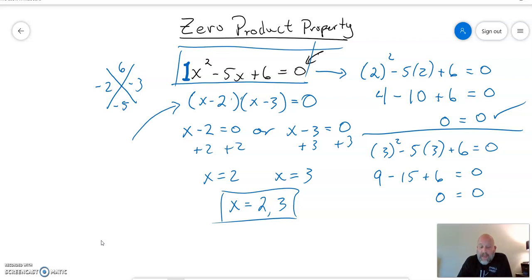Okay, and so that's the basics, right? So anytime we want to solve one of these equations, we make sure we have a 0 on one side, right?